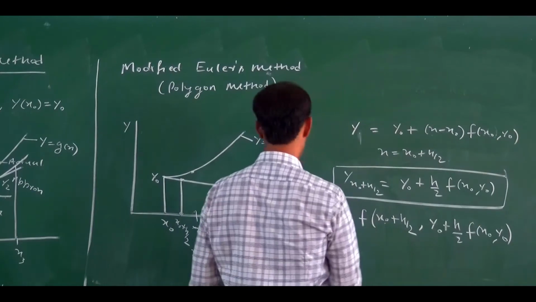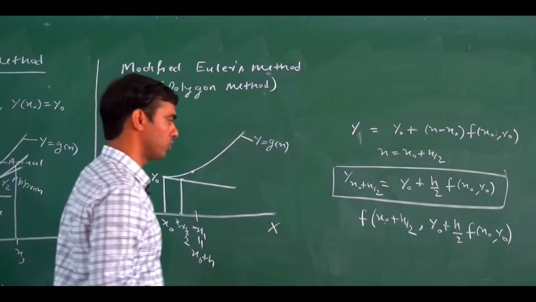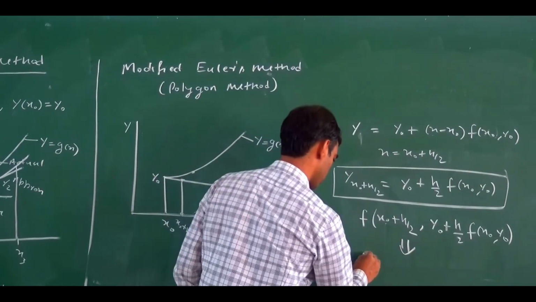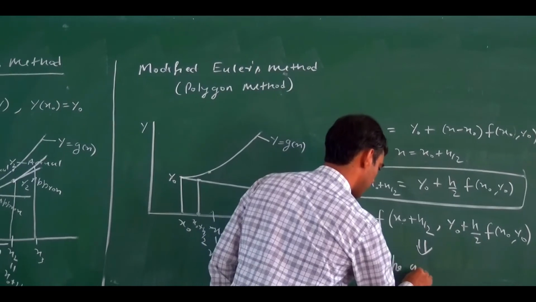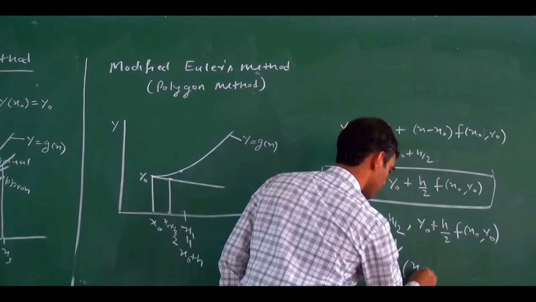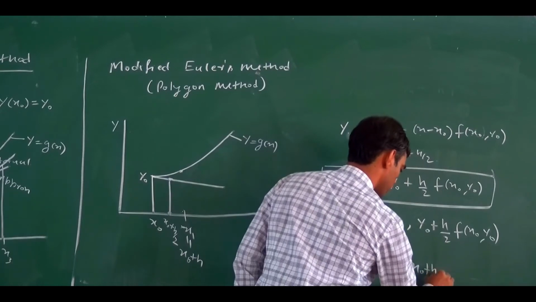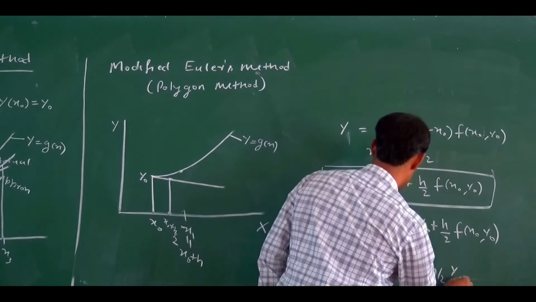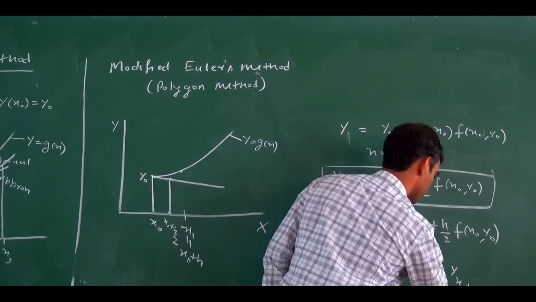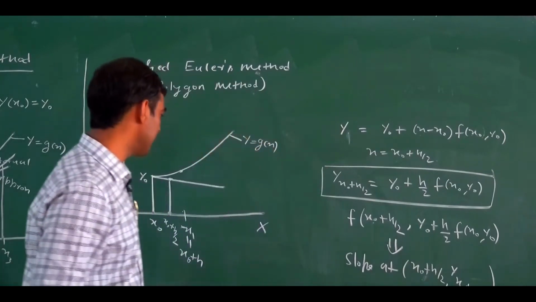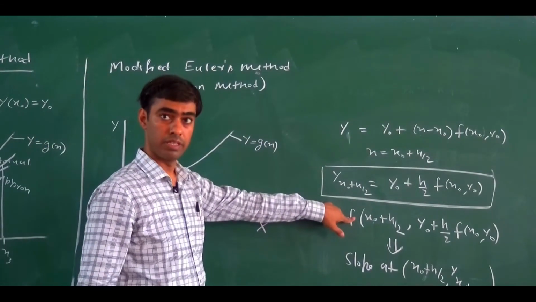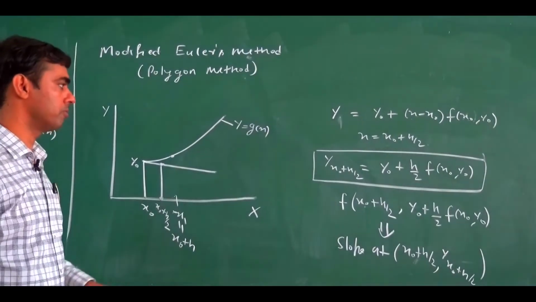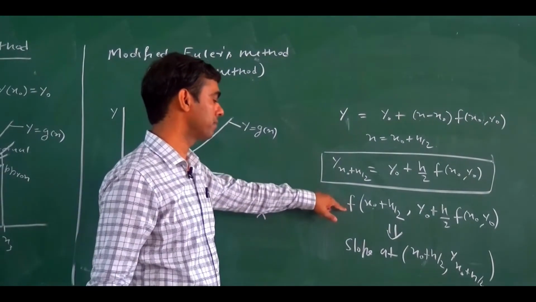Now this one is the slope at this point, the slope at x0 plus h by 2 and y at x0 plus h by 2. So now we draw the tangent with this slope. This is nothing but finding the approximate value of y with this slope.